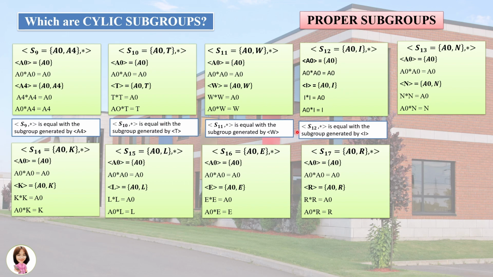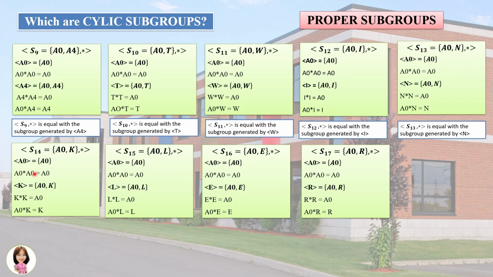Then we have S sub 12, which contains the elements A0 and I under binary operation star. Here, the element generated by I is the generator of S sub 12, since it generates the entire group of S sub 12. And then S sub 13: as you can see here, N is the generator of S sub 13, since it generates the entire group of S sub 13.